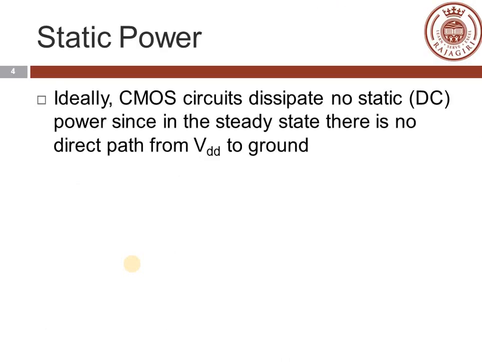Ideally, CMOS circuits dissipate no static DC power, since in the steady state there is no direct path from the VDD rail to the ground rail. Thus, ideally, at a time, PMOS and NMOS won't be turned on simultaneously.